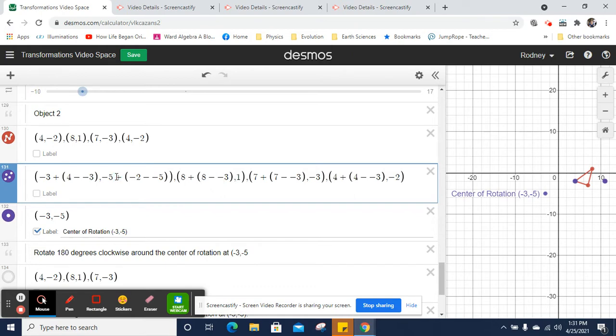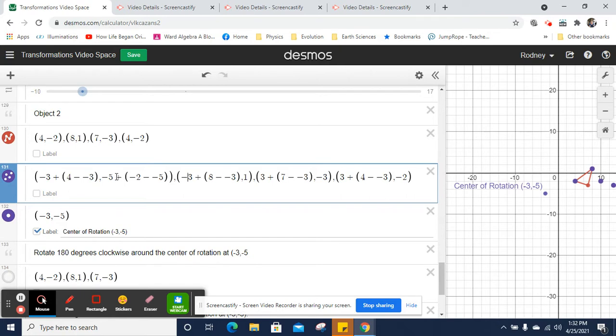Let me grab the whole thing. So -5. I messed up that last one. So this is still going to be -3. This one will still be -3, and this is still -3. Now they should be in the right place.